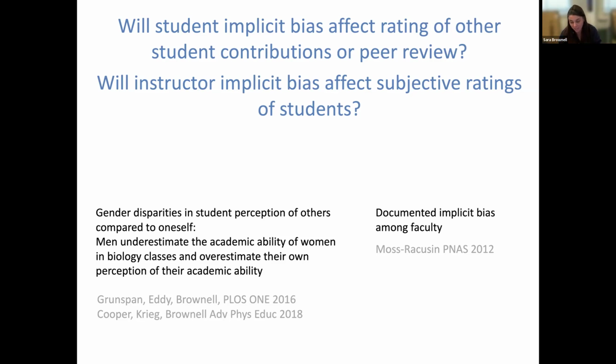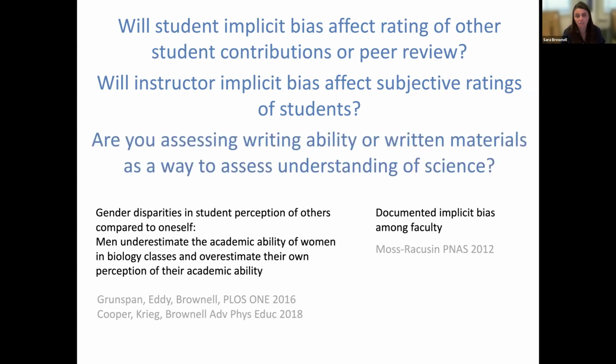Faculty are more likely to hire men, mentor them more, and pay them more, even with all things being similar about a candidate, except for just an obviously female name versus an obviously male name. Studies have also shown that faculty are more likely to respond to emails from white sounding names compared to black sounding names, right? So there's all this implicit bias that everyone has, but it's affecting subjectivity of things.